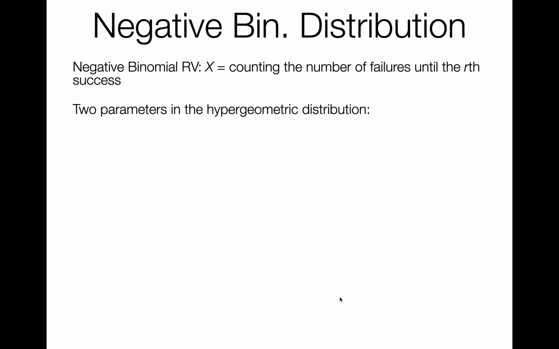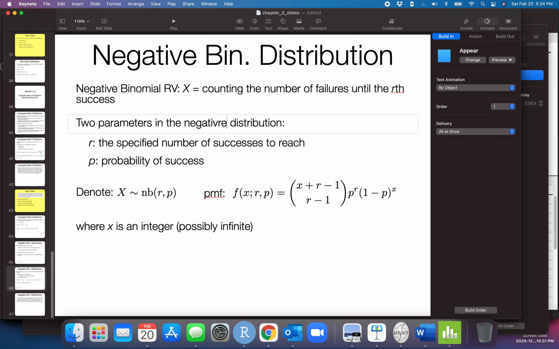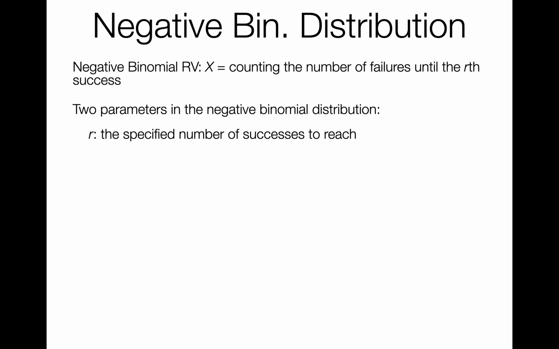So two parameters for the negative binomial distribution. This says hypergeometric, but it should say negative binomial. The first one is r, and that's the number of successes that we want to reach. And then the second one, just like the binomial, is the probability of success.